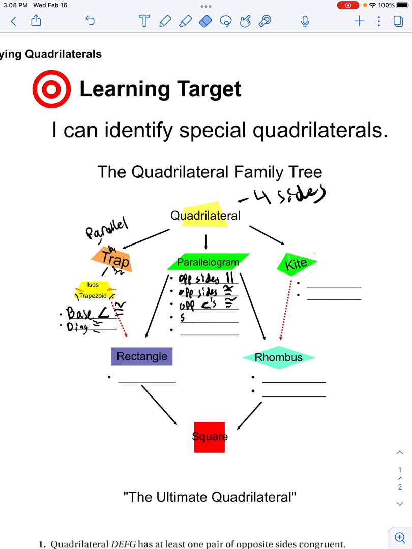Same side interior or consecutive angles. Let's just say same side, not interior, but same side angles are supplementary, which again means adds up to 180. And we have the diagonals intersect at the midpoint.